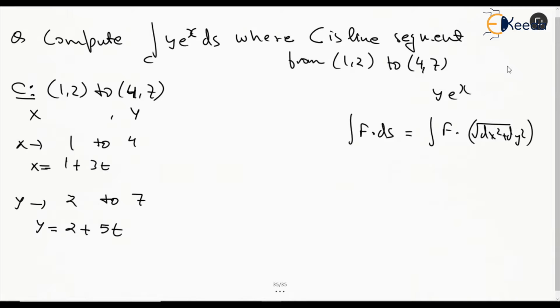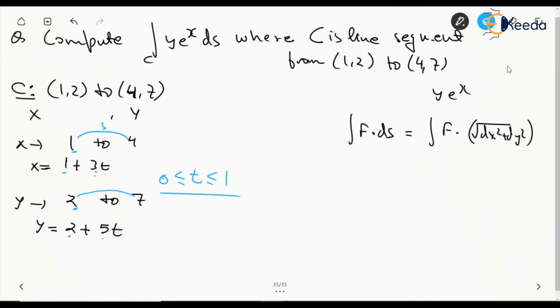Now how are we writing this? This 1 is the initial point of x and this 2 is the initial point of y. This 3 is the difference between the initial and final point, so 3 times t, and this 5 is the difference of the initial and final point 2 and 7. And now we'll say that this t can move from 0 to 1.